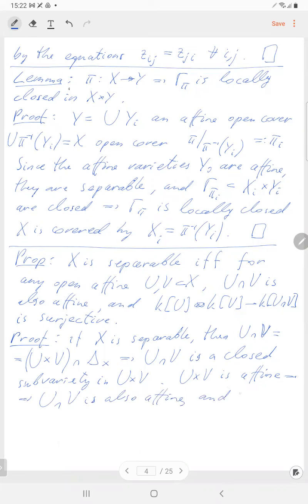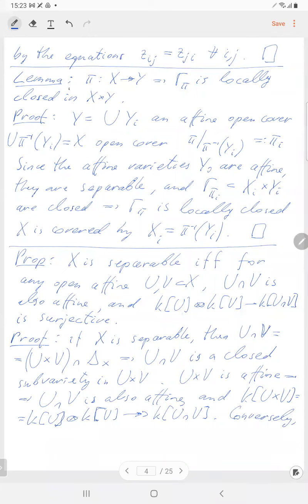And the restriction morphism: K of U times V is the same as K of U tensor K of V, and it surjects onto the regular functions on the intersection because it is a closed subvariety of an affine variety. Okay, now conversely, somehow the same key observation.